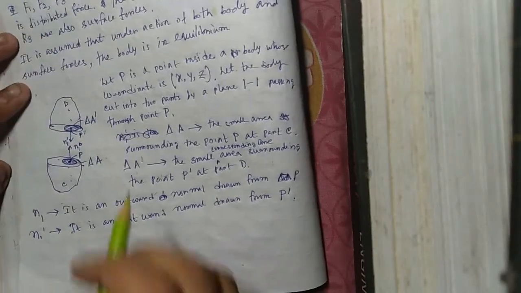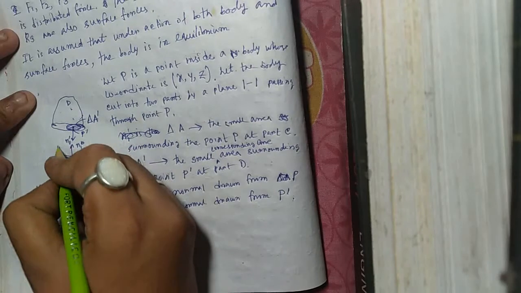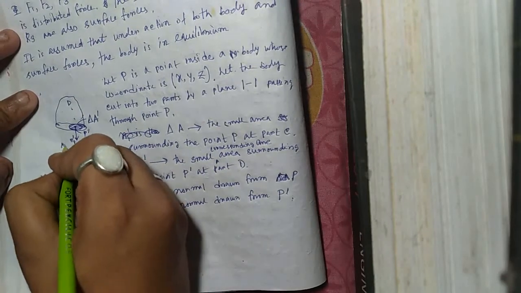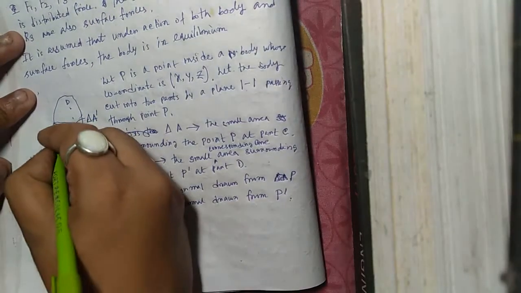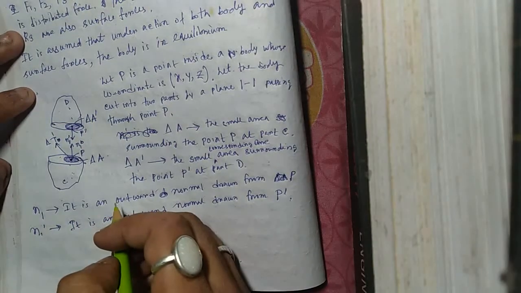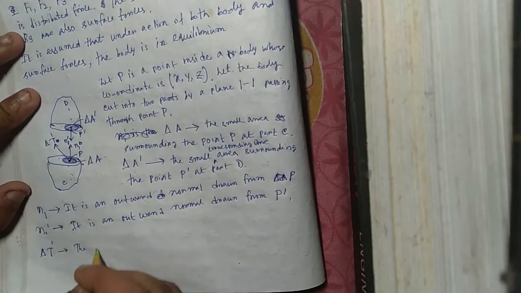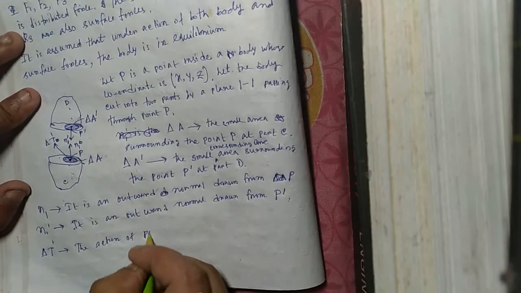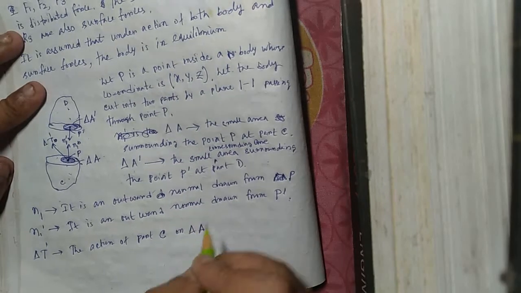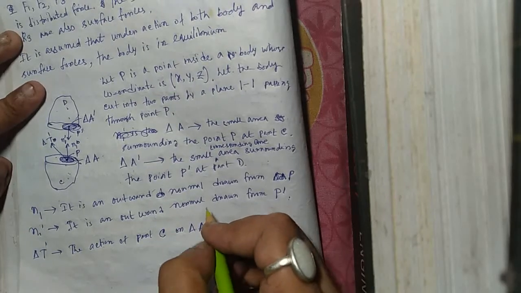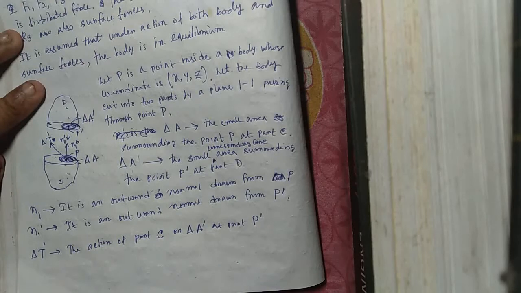So let the action of part C on the area delta A dash at point P dash be delta T1.